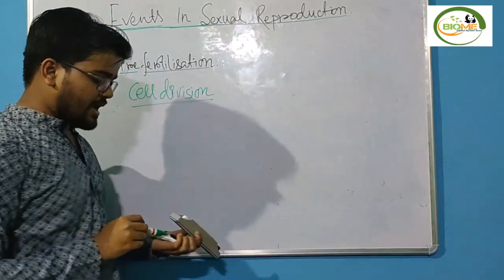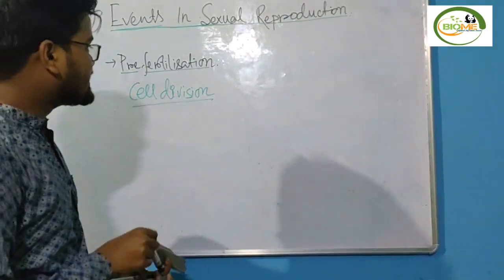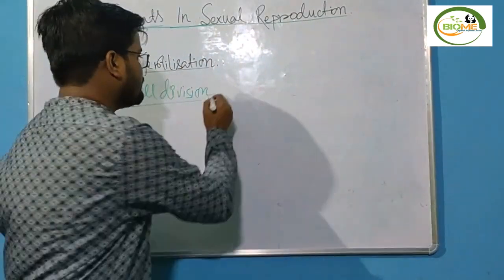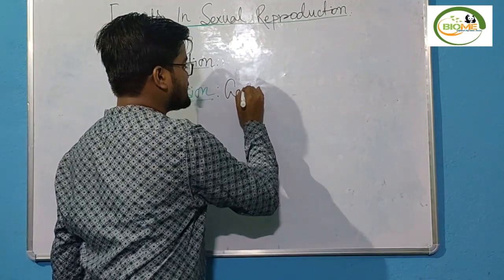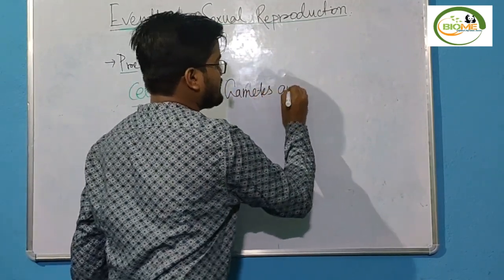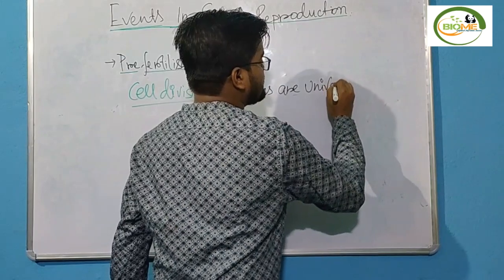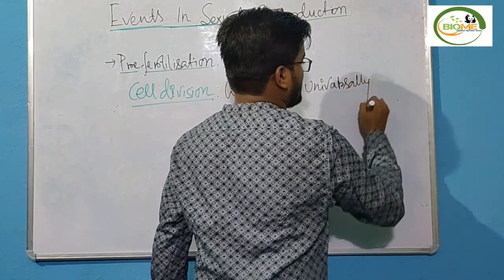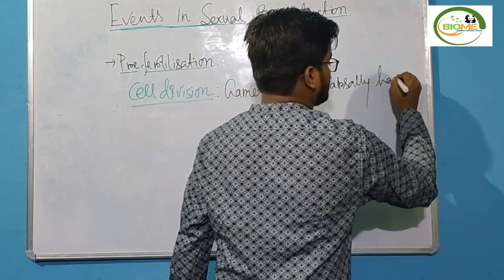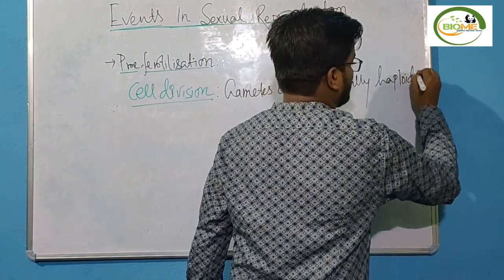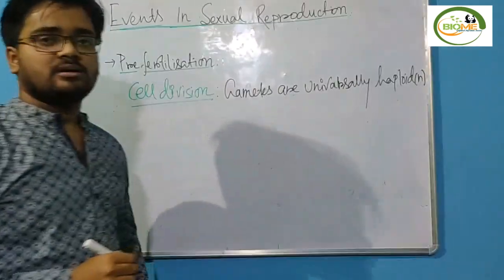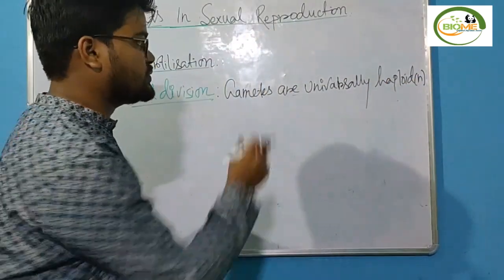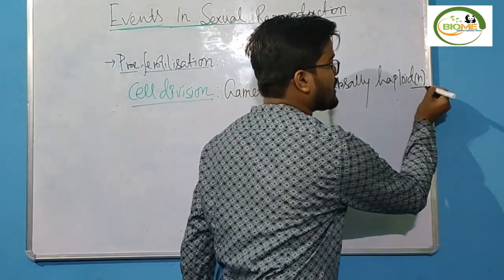As we know, gametes are universally haploid. Remember this point, very important. Gametes are universally haploid, that means they have a single set of chromosomes, and we represent haploid by n.